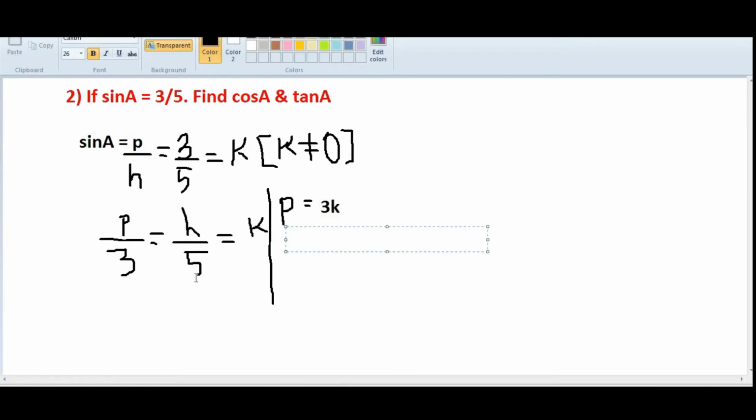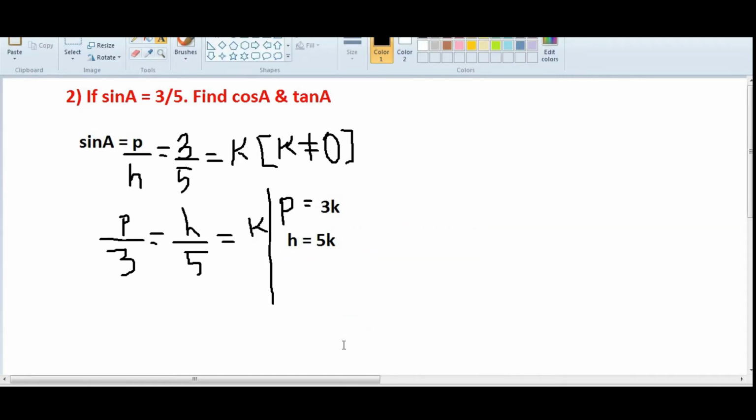And comparing H by 5 with K, its value will be 5K. So we have got the value of perpendicular and hypotenuse with respect to K. We should not be worried about the value of K because ultimately it's a ratio, so K doesn't play any significant role over here, and its value is not needed to be determined.